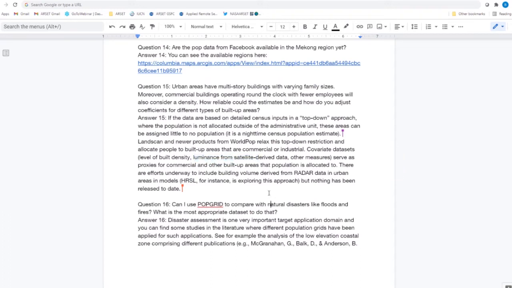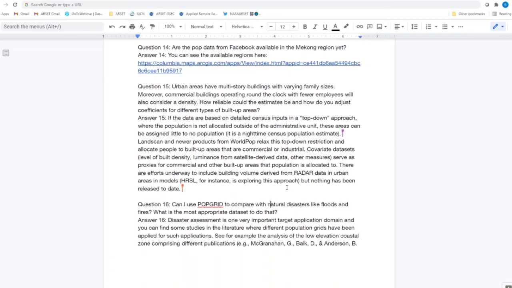And that's one of the covariates used in population modeling. And then there's more recent work underway to look at the volume of buildings from radar-derived data, but it's not integrated in any global or regional products that I know of right now.